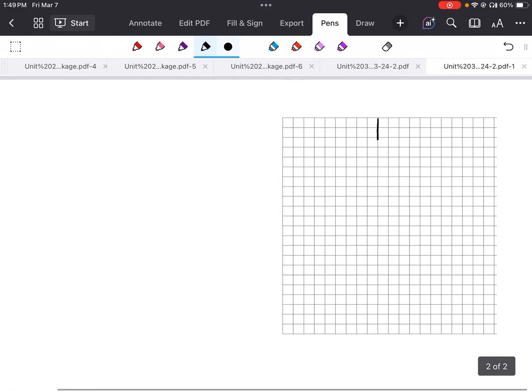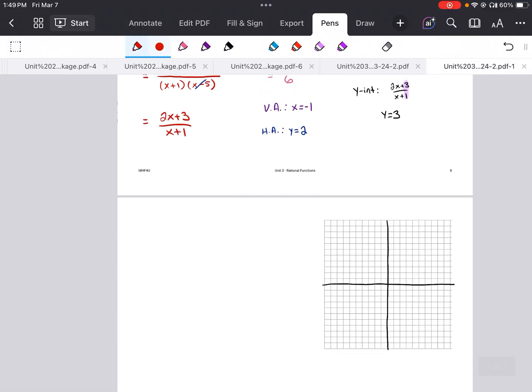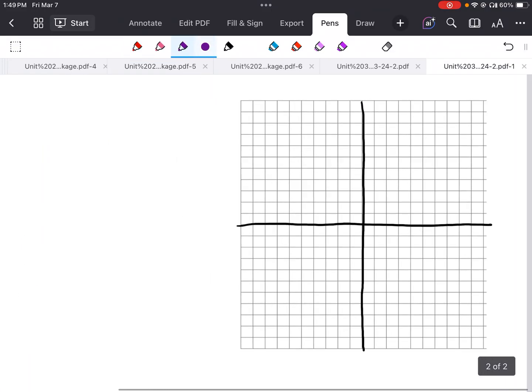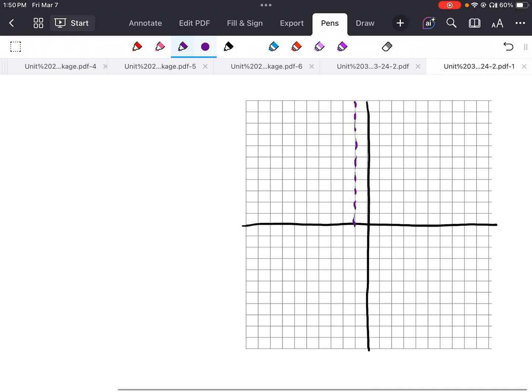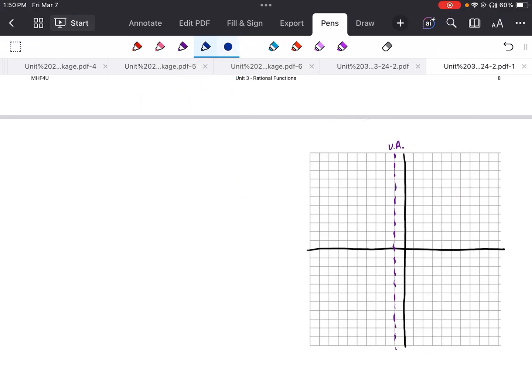So I'm just going to guess that it's not quite center. Off by 1 in each guess. Okay, if we plug in what we know. So we have a vertical asymptote in purple at negative 1. So here's our vertical asymptote. We have a horizontal asymptote, black to blue, at positive 2.